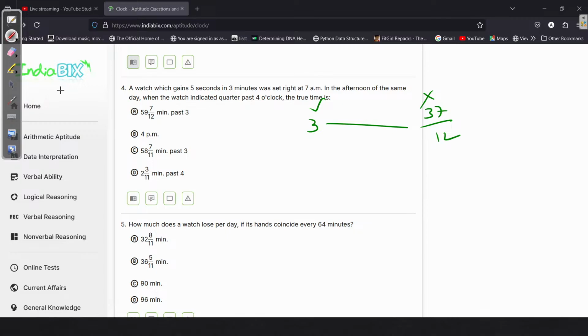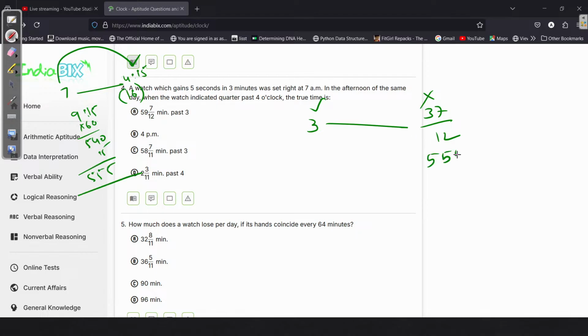Now both are set at 7, and the faulty one is showing quarter past 4. You just need to find how many minutes there are from 7 a.m. to 4:15 p.m. Let us take it as 16:15, so that is 9 hours 15 minutes, which is 540 plus 15, so 555 minutes in the wrong clock.